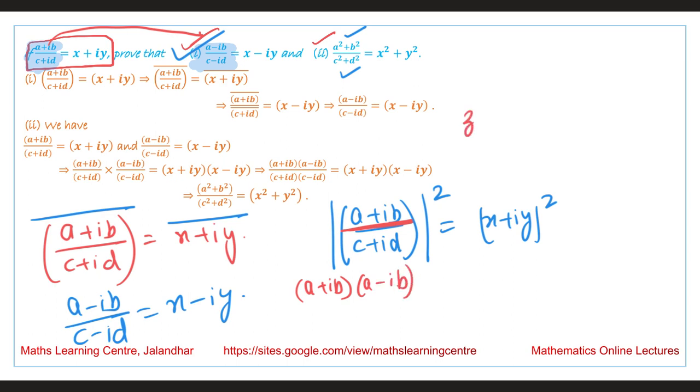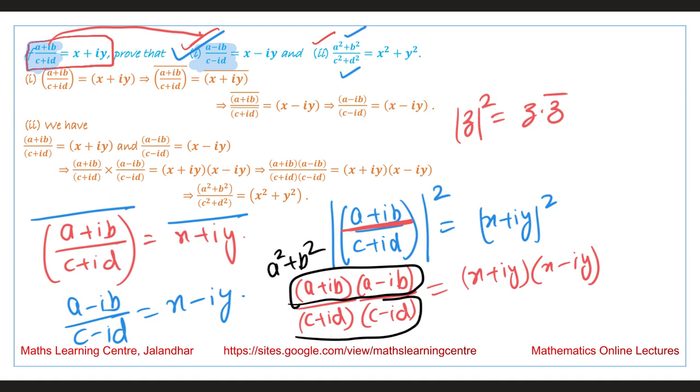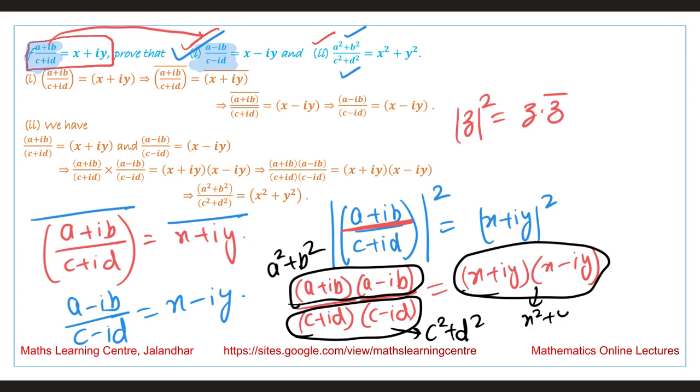We can write z mod square is equal to z into z bar, over c plus iota d into c minus iota d, it is equal to x plus iota y into x minus iota y. So if we multiply the numerators over here, the answer we will get is a square plus b square. We multiply the denominators over here, we are getting c square plus d square, and multiplying these terms will give us x square plus y square, and this is the second part that we have to prove.